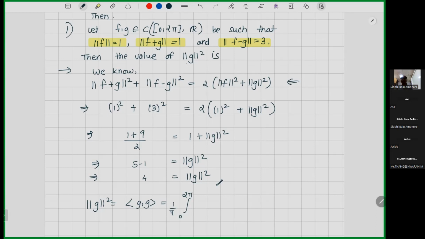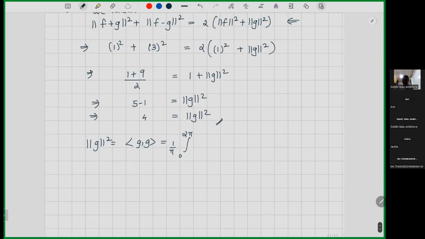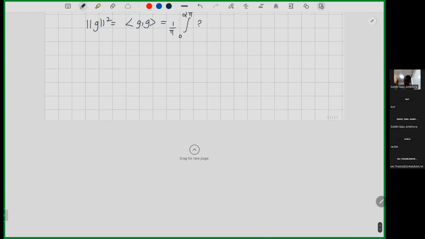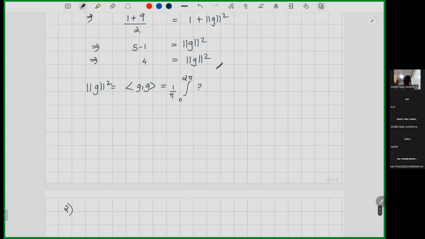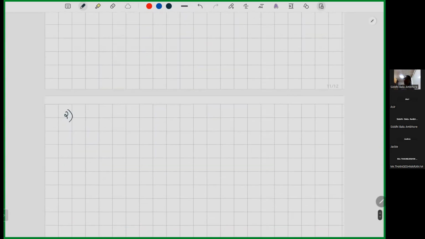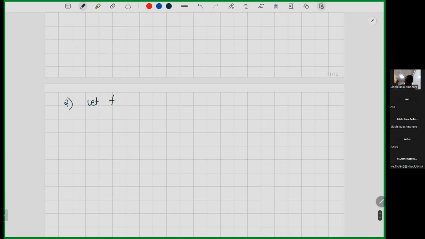Okay. Next is the second one. Now f(x) is given: f(x) is cos x and g(x) is sin x. They are asking us to find the value of the inner product of f and g.